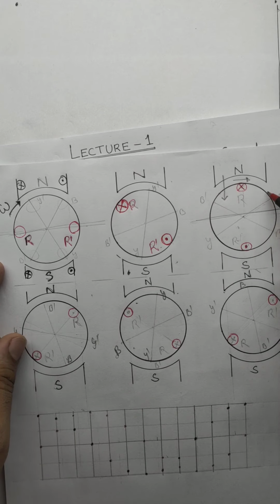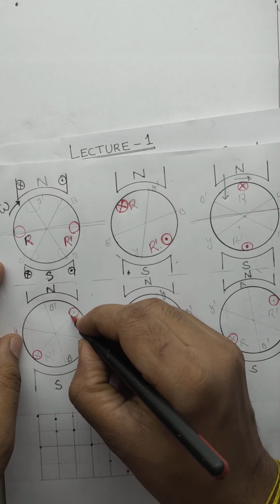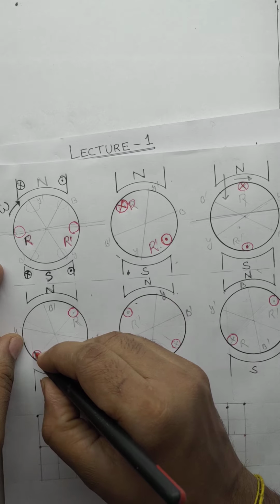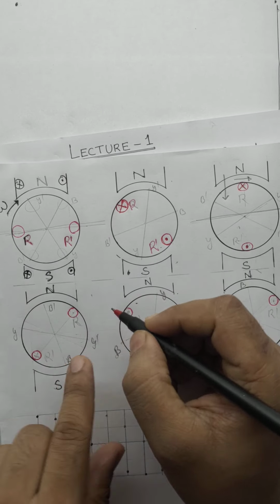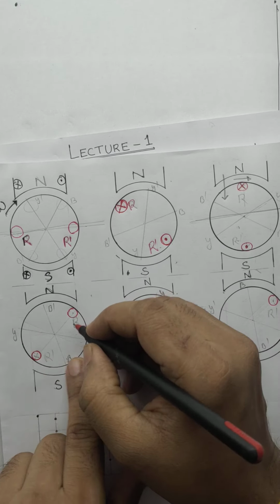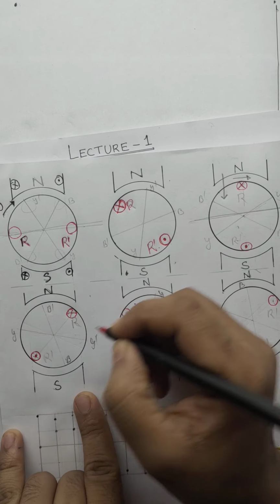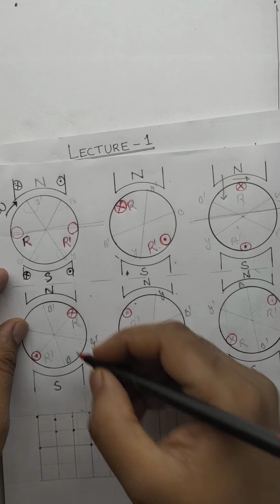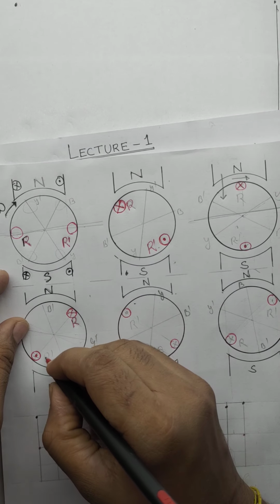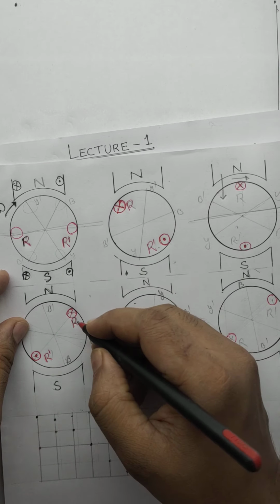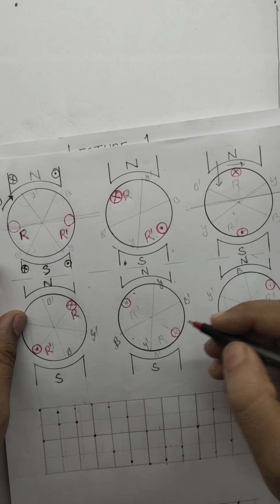Now after some time it will come here again. At this location also, this is above the 0 line, so it will be a cross, and this will be a dot. If you come here, now this is my R and this is my R dash. It has rotated further.